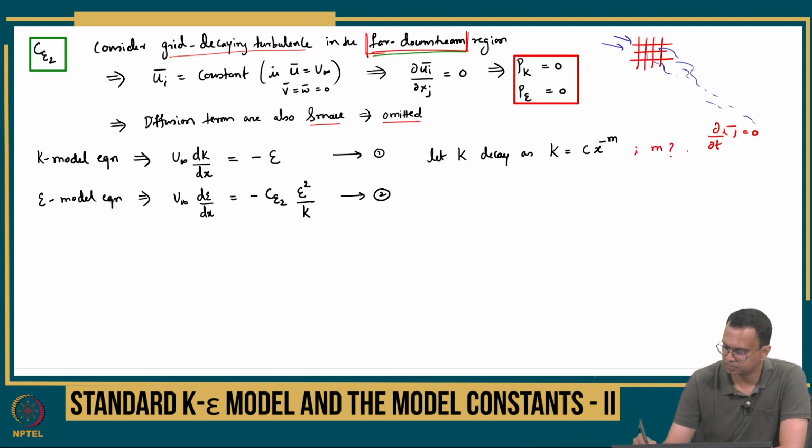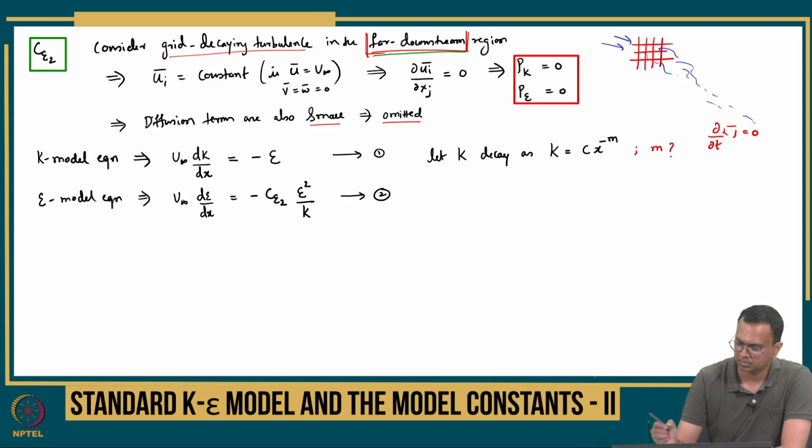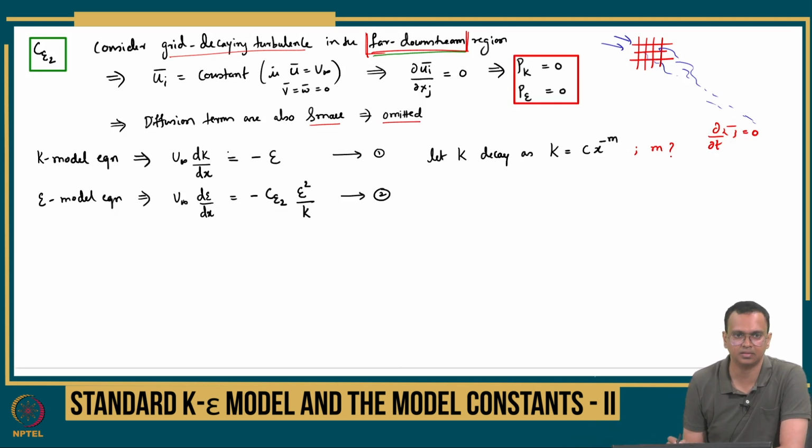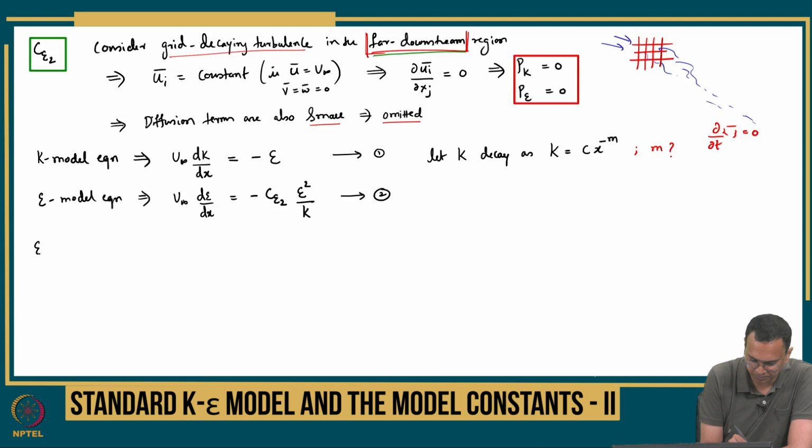Basically it is 1 over x raised to some value. K is decaying as I walk along the x. So if I now substitute here and use your high school mathematics calculus, if I substitute in equation 1, what will happen?